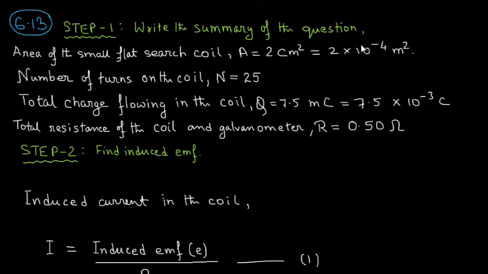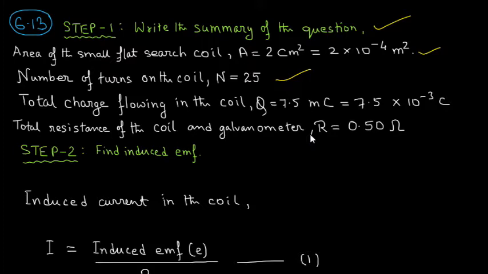So step 1 is we write the summary of the question and all the given values. Area of the small flat search coil, that is A is equal to 2 centimeter square, which is equal to 2 multiplied by 10 to the minus 4 meter square. Number of turns on the coil N is equal to 25.